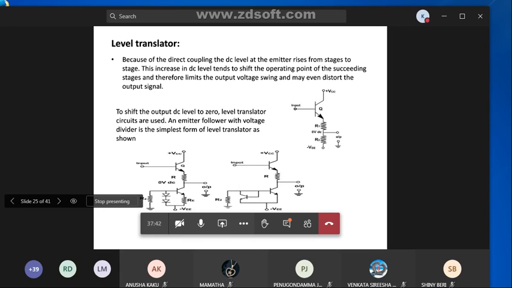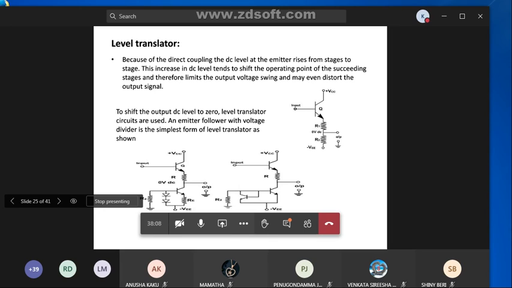That is the function of the level translator. It shifts the DC level to 0 level. If the DC level enters the second stage, the biasing conditions of the second stage will change. That is the drawback. So that's why, to shift the output DC level to 0 level, level translator circuits are used.